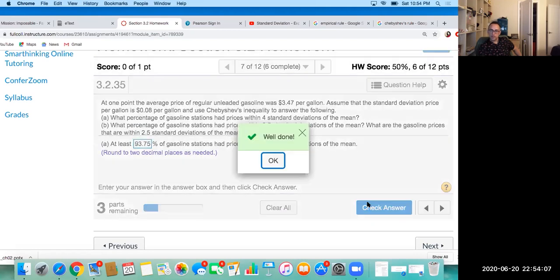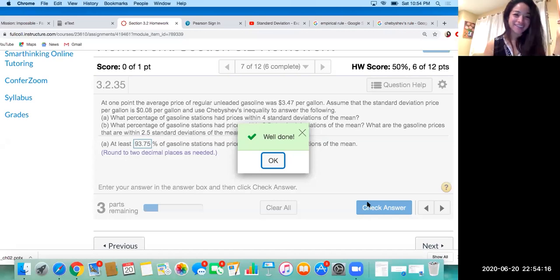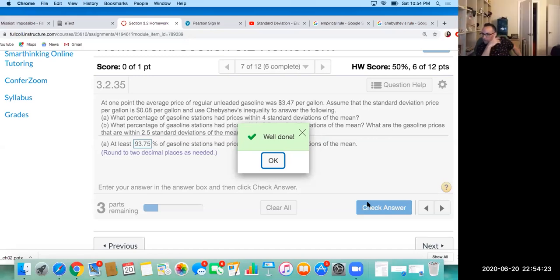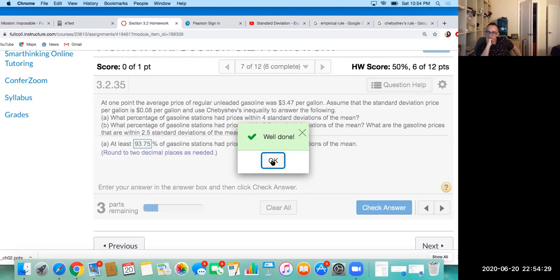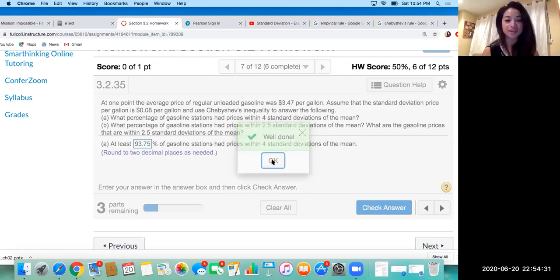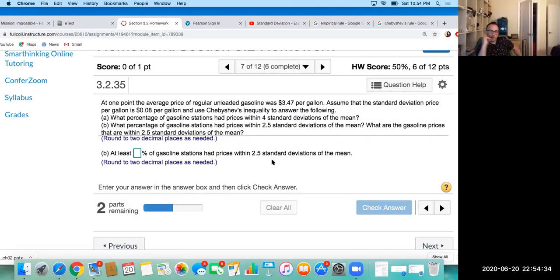Dang, Chebyshev's inequality is easy. I should start teaching it. So easy. Or at least part A is easy. I don't know about B and C. I just plugged in 4 into the question because it said 4 standard deviations.